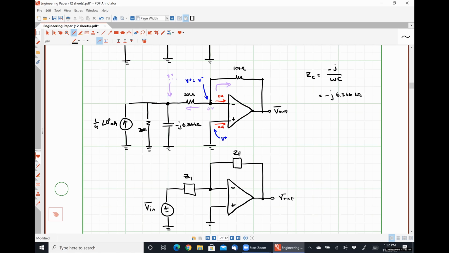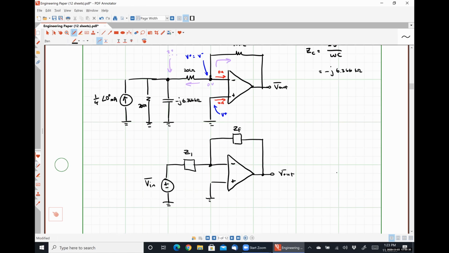So I would have 20K in parallel with negative j 6.366.